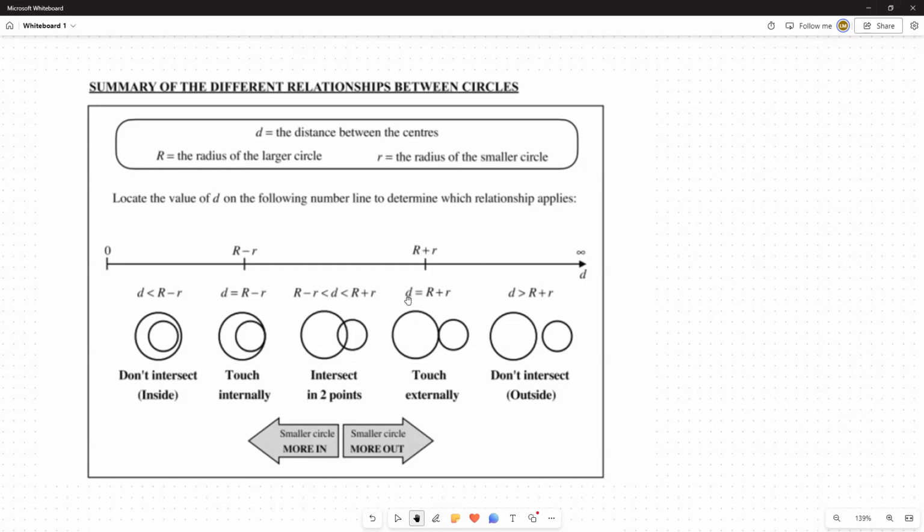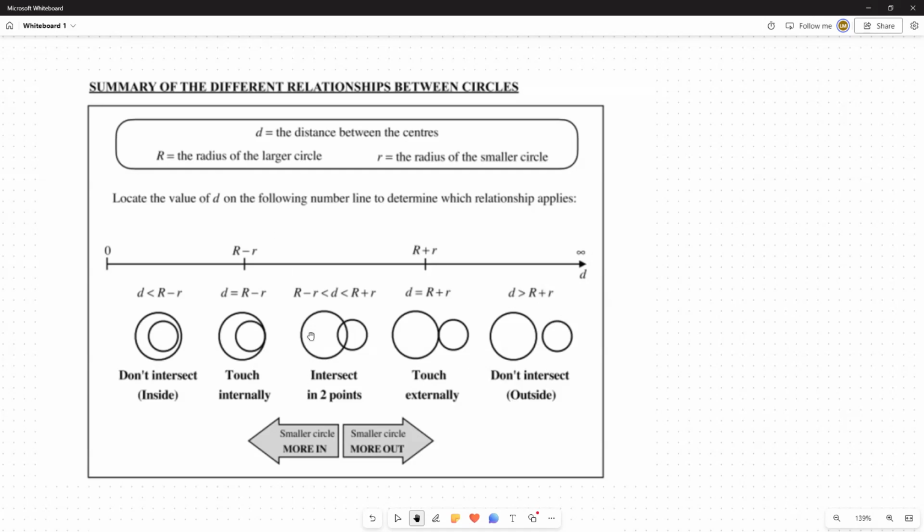If the distance is equal to the two radii added together, then you know that they touch externally. And if the distance is greater than the two radii added together, then you know that they do not intersect, they are outside of each other.